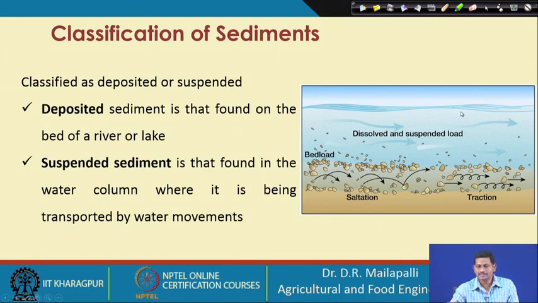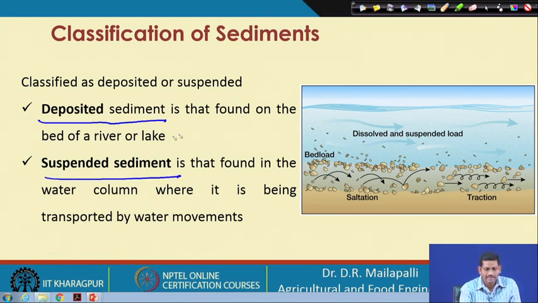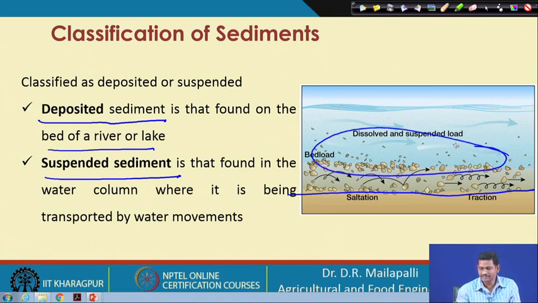So, the classification of sediments, we are talking about the river. The classification is basically deposited sediments and suspended sediments. Deposited sediments, also known as the bed load, will stay here in the bed, and the suspended sediments will be suspended in the water.